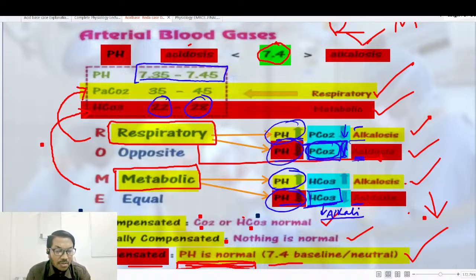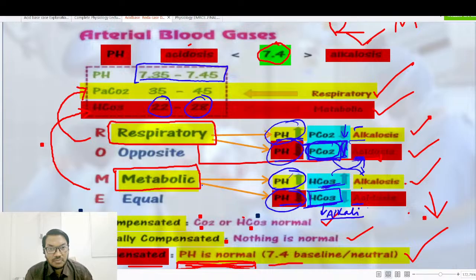Now the component: if it is metabolic acidosis, bicarbonate will be low, and if it is metabolic alkalosis, bicarbonate will be high, because bicarbonate itself is alkali. So more alkali will produce alkalosis, right? And carbon dioxide itself is an acidic gas, so more carbon dioxide will produce acidosis. This much is clear.